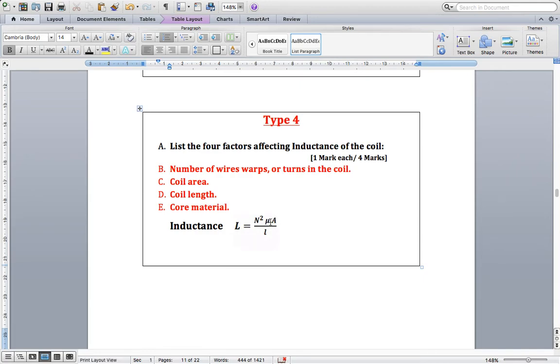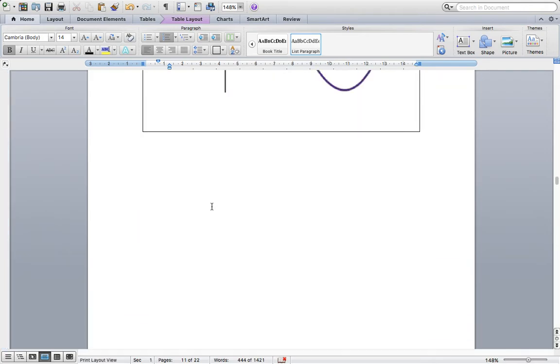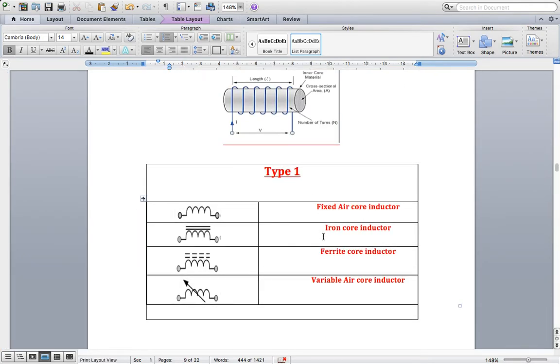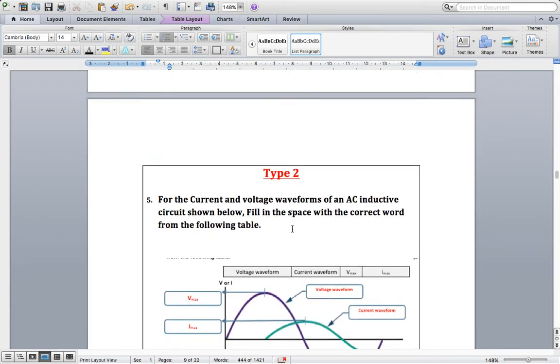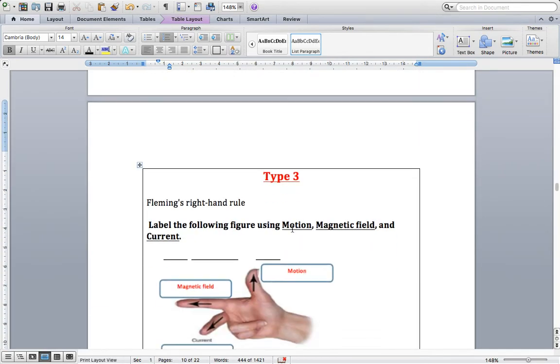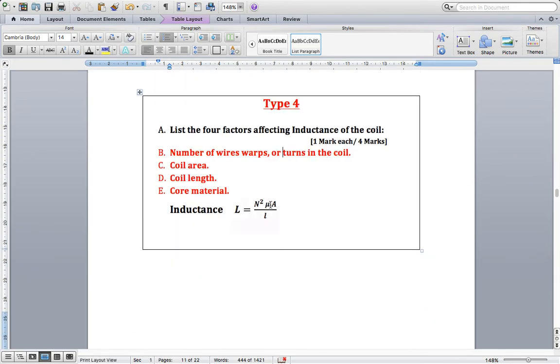Core material means you studied 4 types of material, right? Fixed, iron, ferrite, and variable. So that is core material, meaning the name of that one. It can be either iron, ferrite or something. A is coil area and L is coil length.